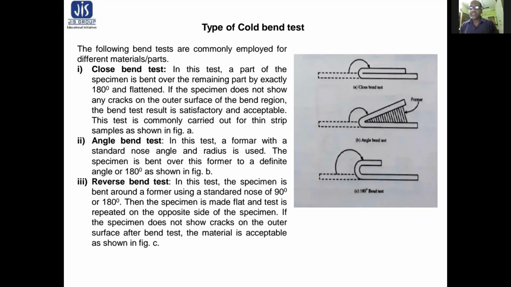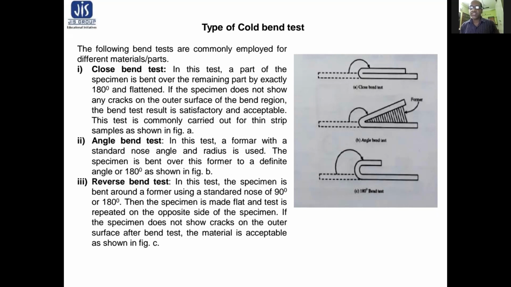Angle bend test. In this test, a former with a standard nose angle and radius is used. The specimen is bent over its former to a definite angle or 180 degrees as shown in figure B. Reverse bend test.